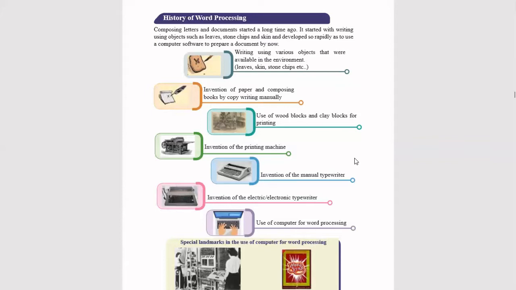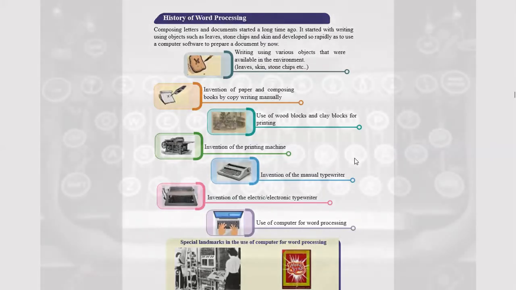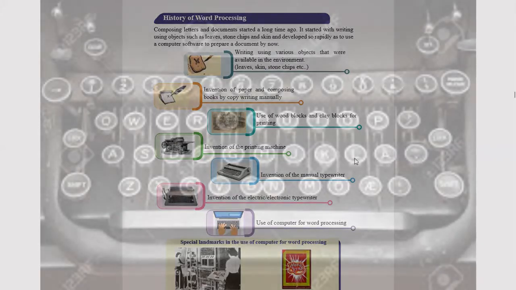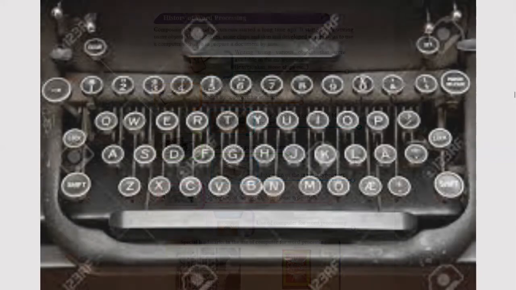Then they invented the printing machine, and then the typewriter. Have you heard about a typewriter? You can see a picture now on the screen. These things are now obsolete and not used much these days.